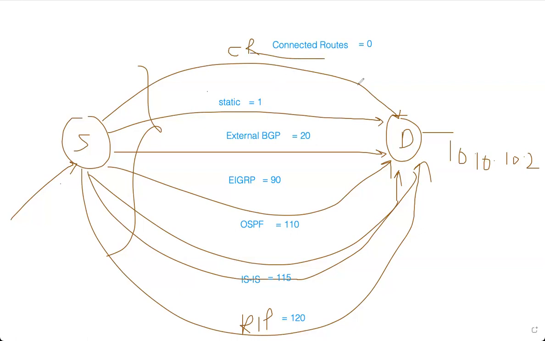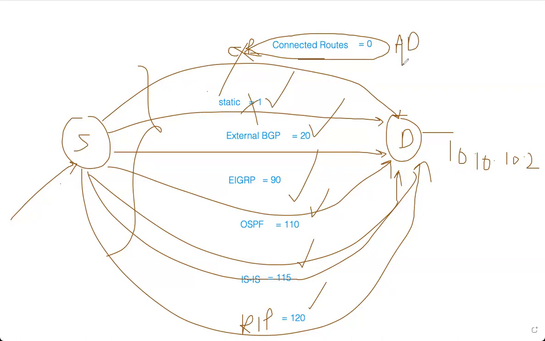So out of all these, the connected route will be the first preferred route. If that route fails, next the static route. That fails, next this one, like this. So this is to help network engineers and the routers to know, when there are multiple routing protocols in the network, when there are multiple paths and both of them are sending the same prefix, the router can choose one path over the other based on the administrative distance.